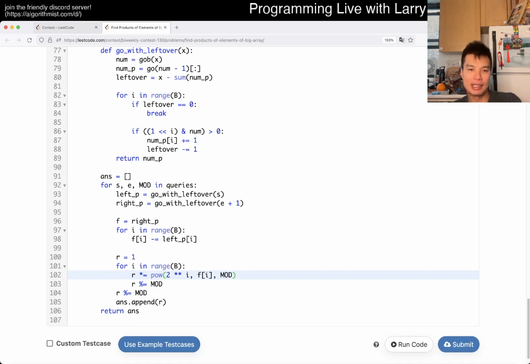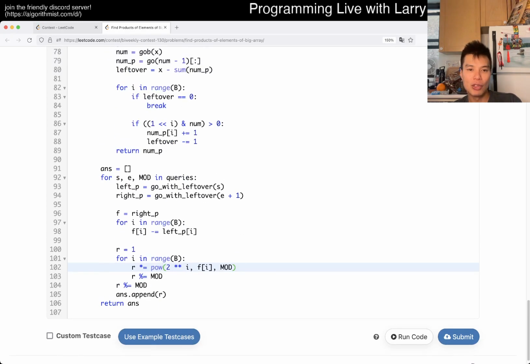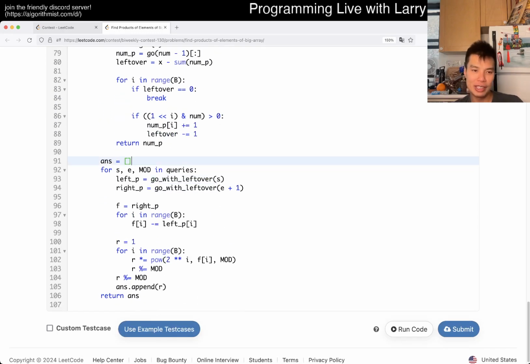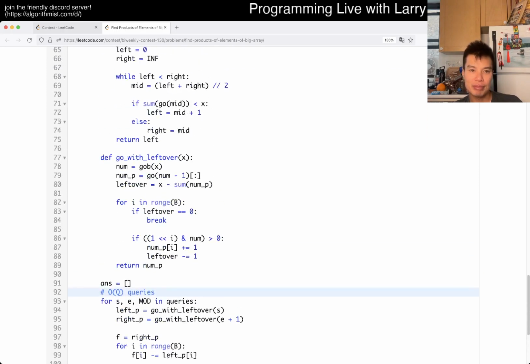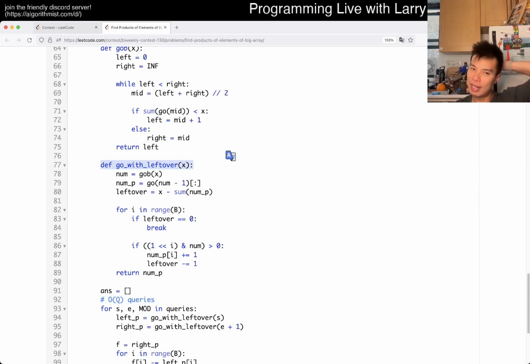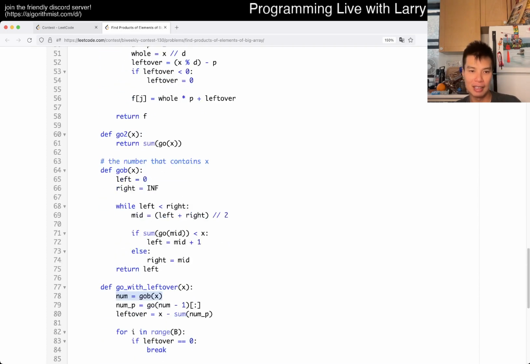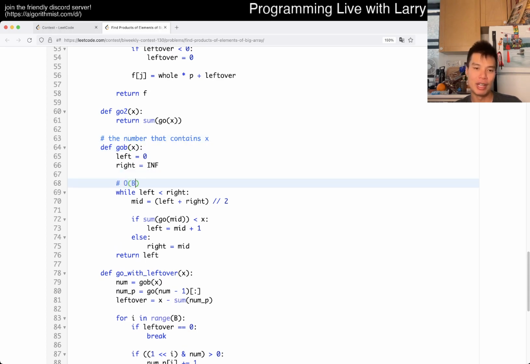So what's the complexity here, right? Well, go with leftovers. So there are Q queries, O of Q queries, obviously. Go with leftover calls a binary search. This does an O of bits loop, right?